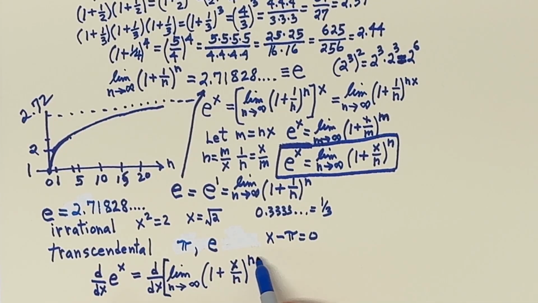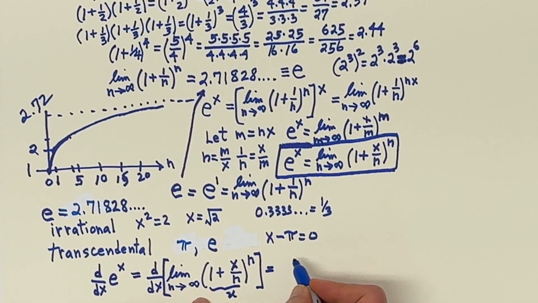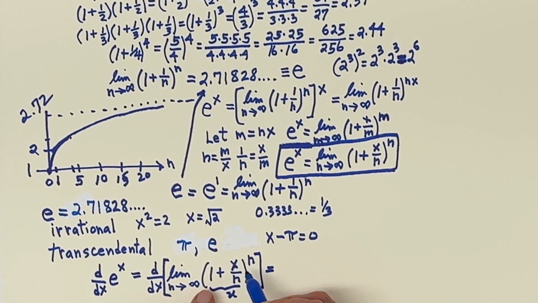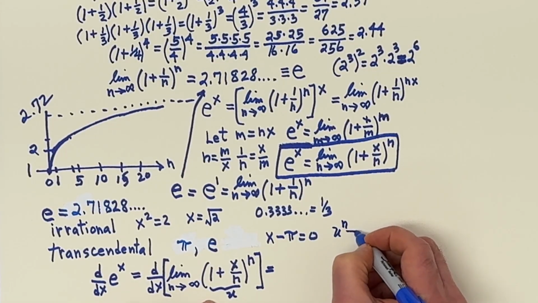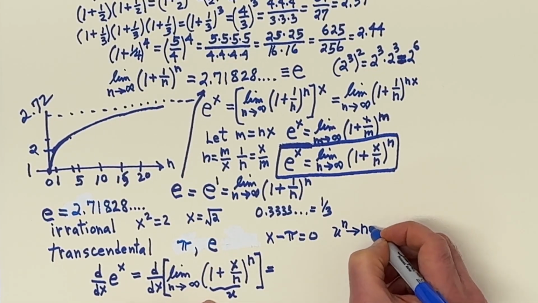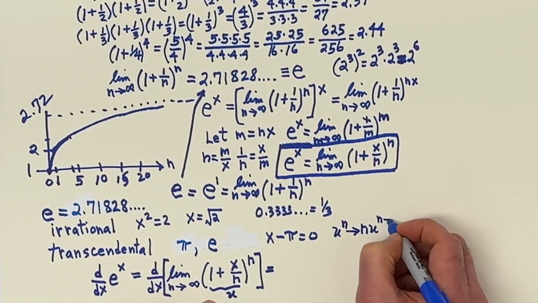Now I'm going to use the chain rule. So I'm going to look at this as being some u, all right? So we're going to look at taking the derivative with respect to u. If you have u to the n, for the derivative you just pull the n down, and you have u to the n minus 1.